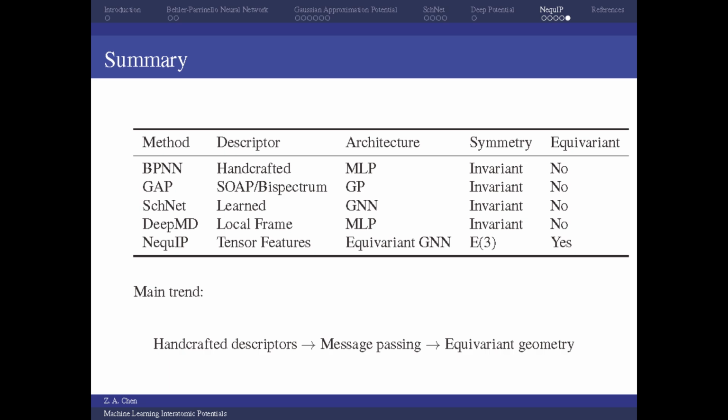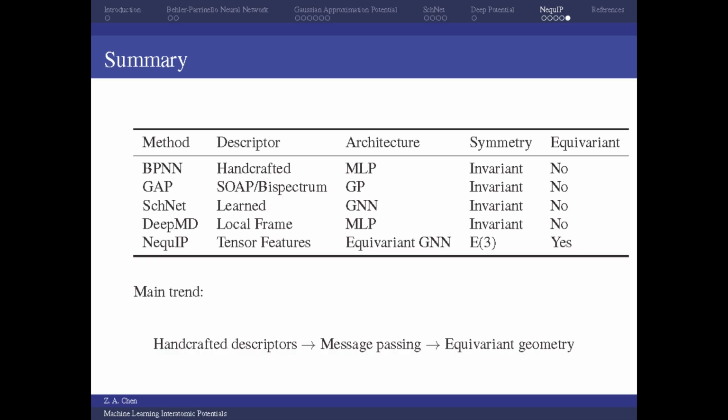To summarize, the development of MLIPs can be viewed as the evolution of geometry representation. Behler-Parrinello relies on handcrafted invariant descriptors. GAP introduced harmonic expansion and bispectrum descriptors.